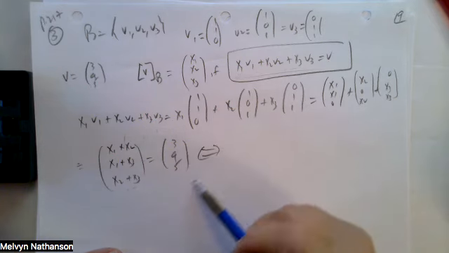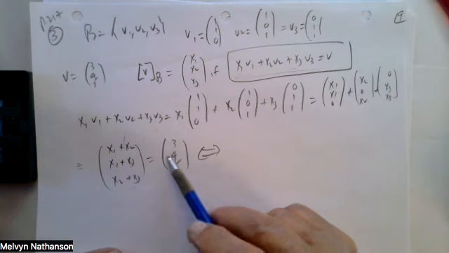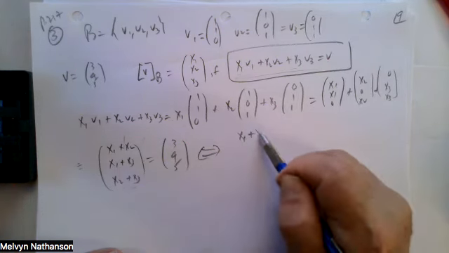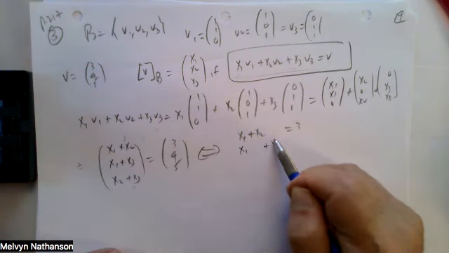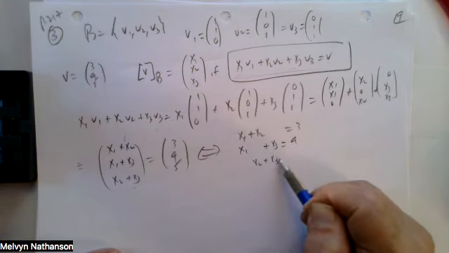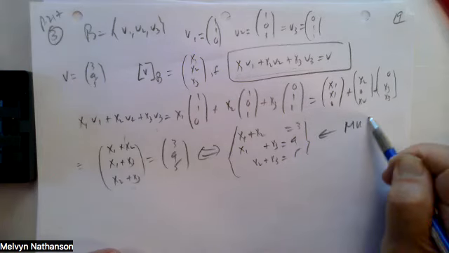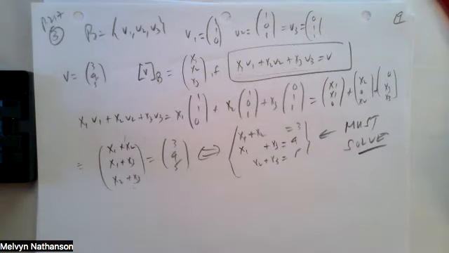So that's the same as saying that x1, x2, x3 solve this system of inhomogeneous linear equations: x1 plus x2 equals 3, x1 plus x3 equals 4, x2 plus x3 equals 5. So we must solve this system of linear equations.